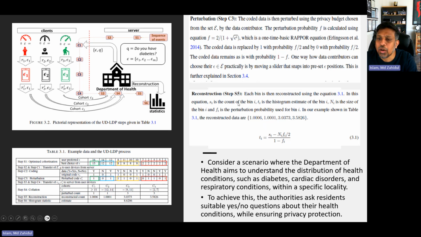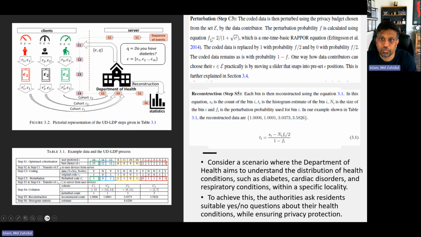Si is the count in the bin in this category. For example, if we consider the epsilon 2 group, the C4 group, then the count value is 3, so the Si value for that group is 3. Ni is the total population in this group. There are 5 people. F over 2 is the F that was used for epsilon 2.